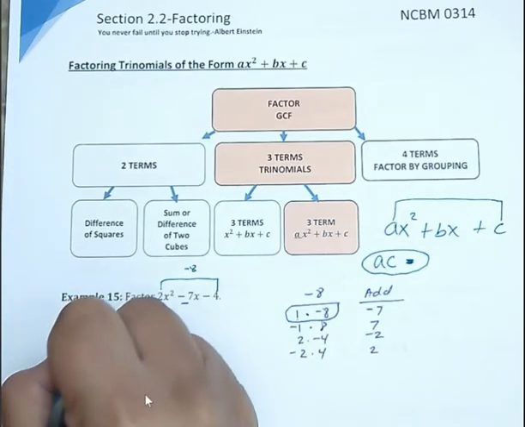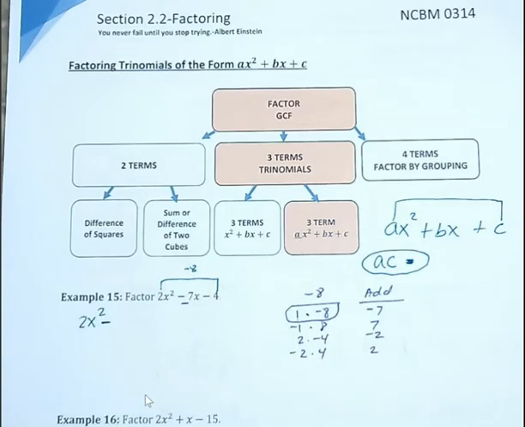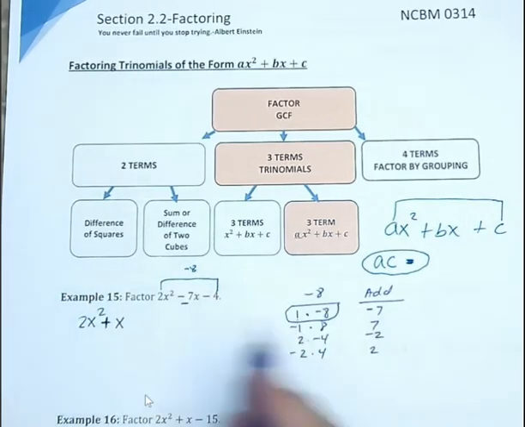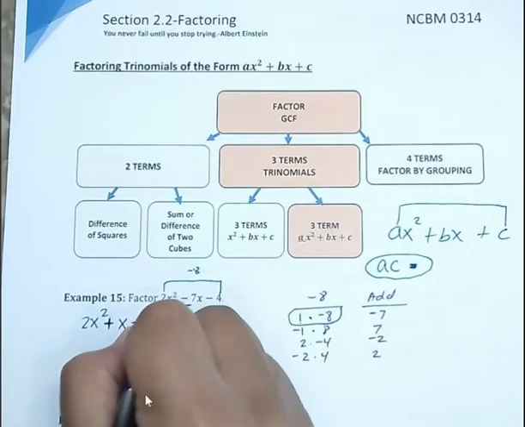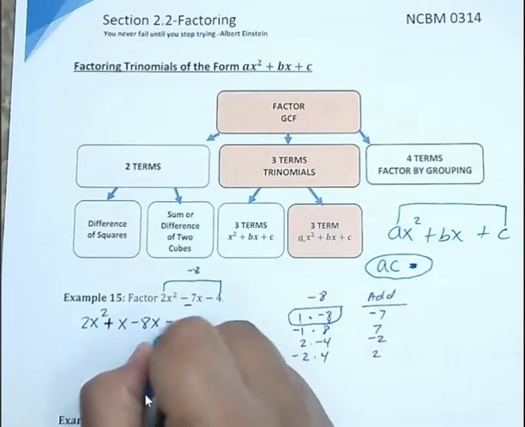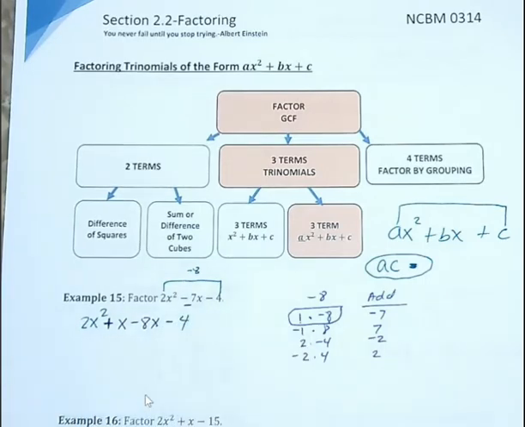So this polynomial will now become 2x squared plus x for the 1 and minus 8x for this second factor. And then we have our minus 4. So what we have done is create a polynomial with 4 terms instead of 3 terms.